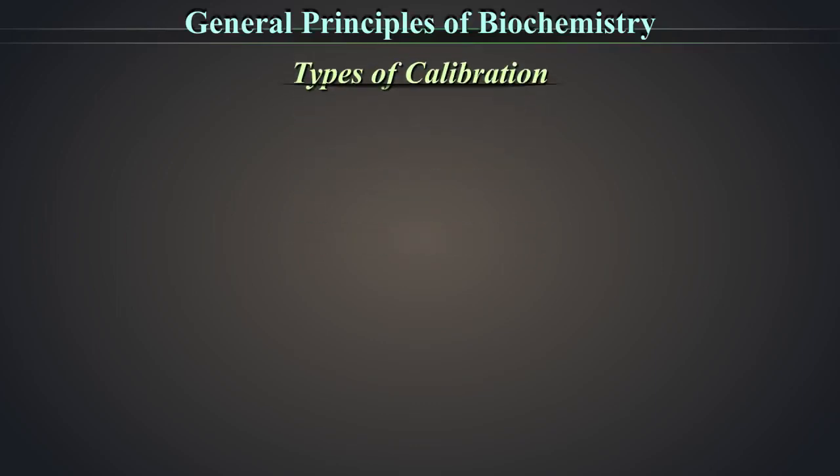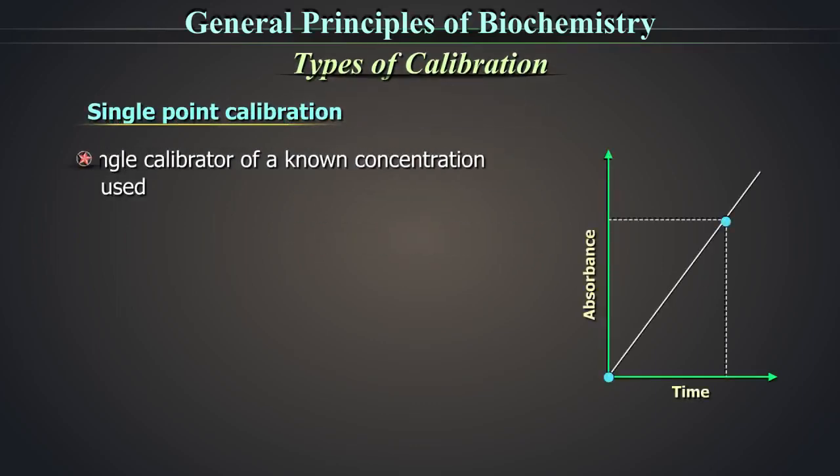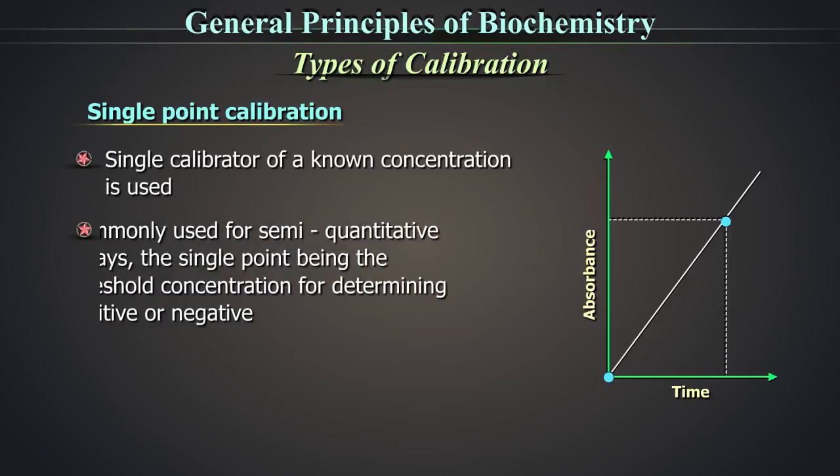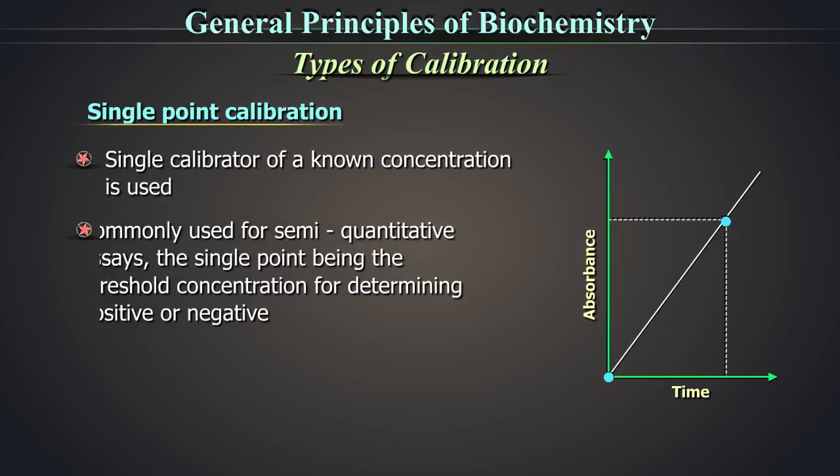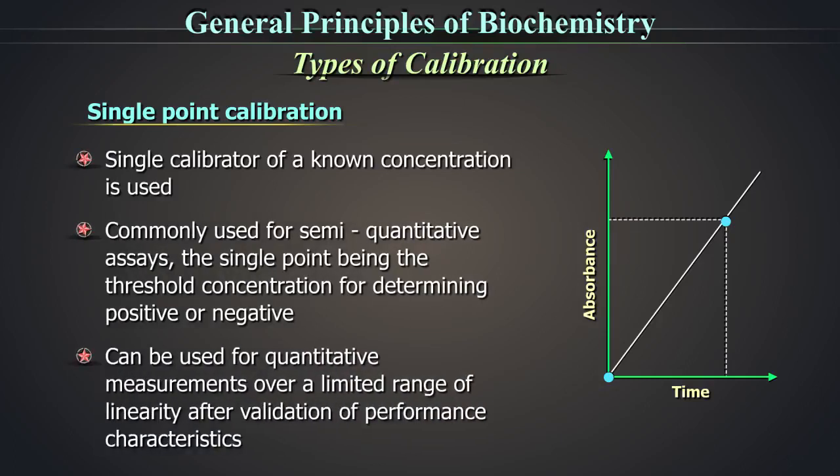Types of calibrations. Single point calibration: a single calibrator of a known concentration is used. This is commonly used for semi-quantitative assays, the single point being the threshold concentration for determining whether it is positive or negative. This can be used for quantitative measurements over a limited range of linearity after validation of performance characteristics.